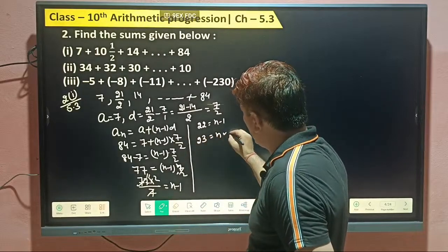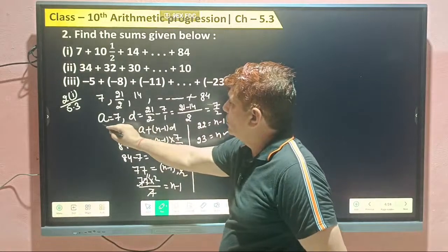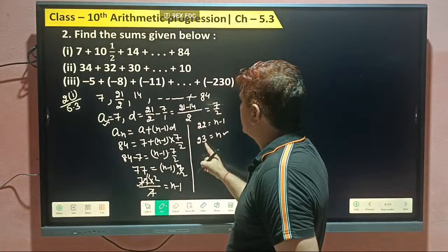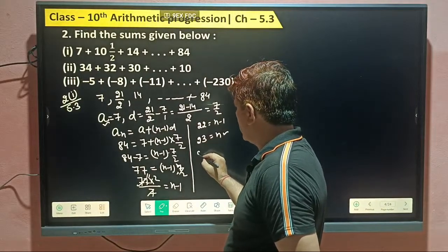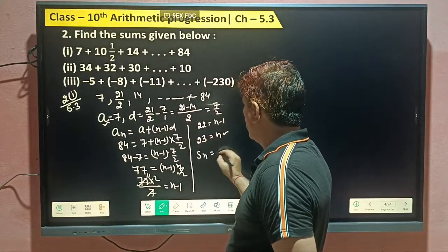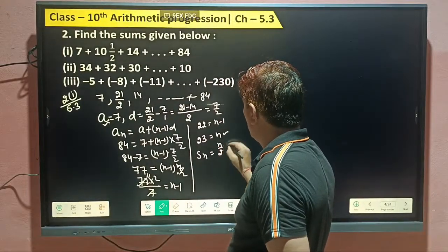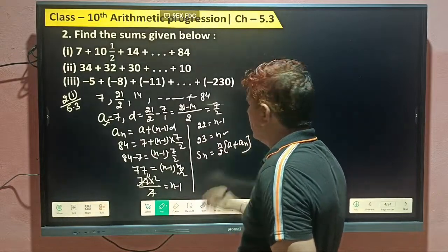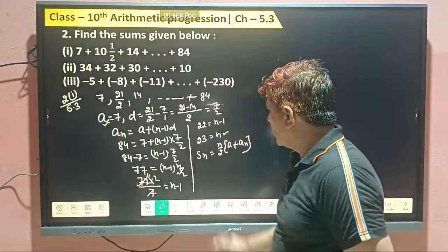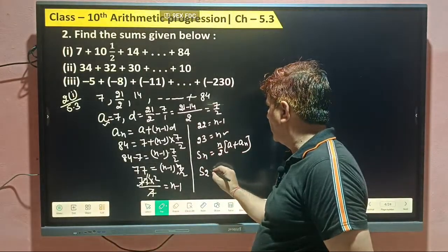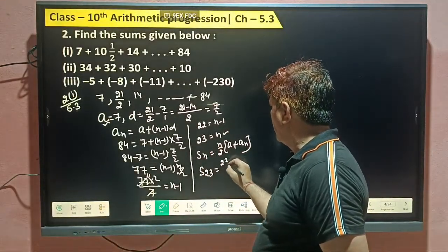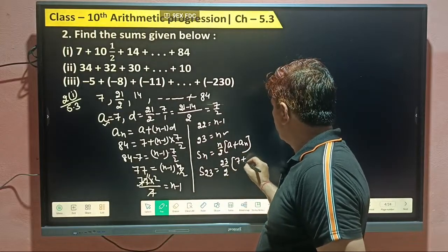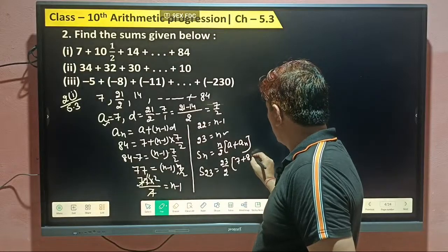So now we are having n also, a also. So find the sum of how many terms? 23, S23. Sn equal to n by 2 into a plus an. This formula we can apply. So S23 equal to 23 by 2 into a, 7, an, 84.